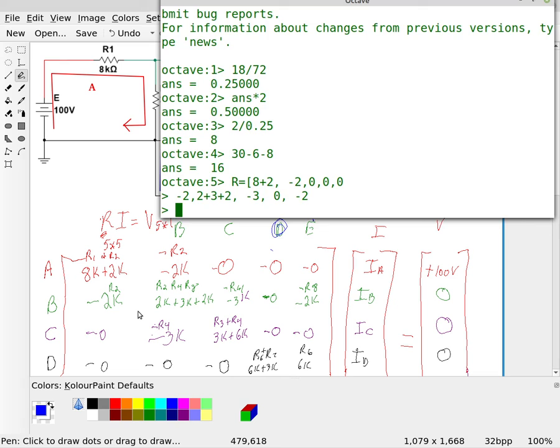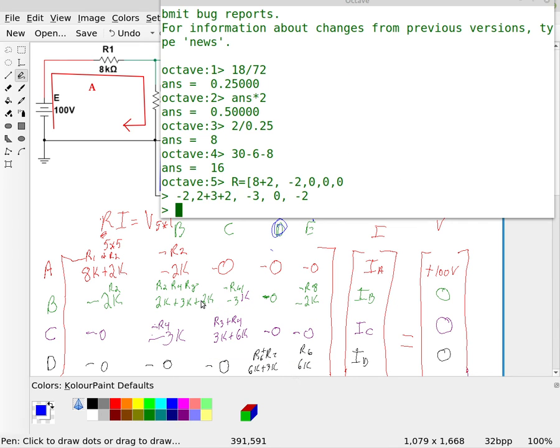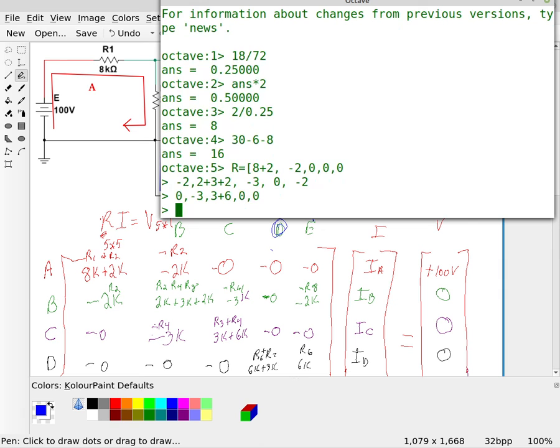So now we're doing the C row down here. And so the C is going to be a 0, minus 3, 3 plus 6, and a 0 and a 0.